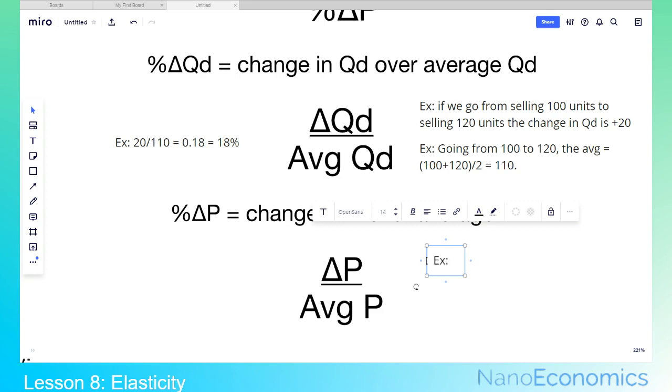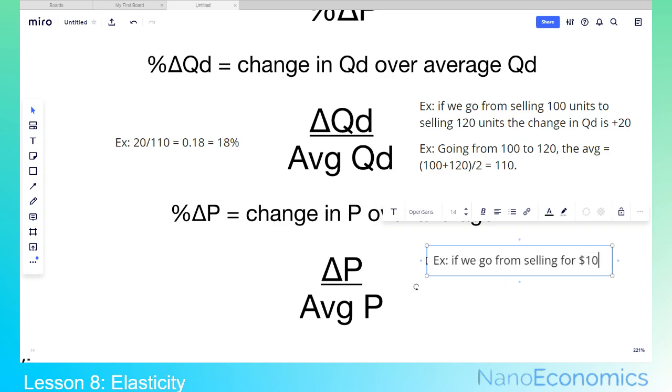So I'm going to make the change in price negative $2.